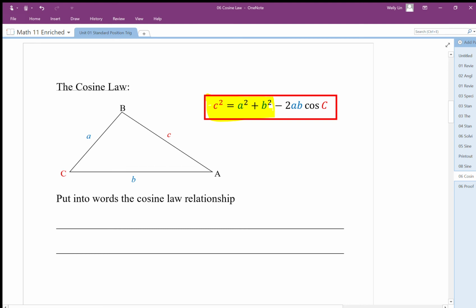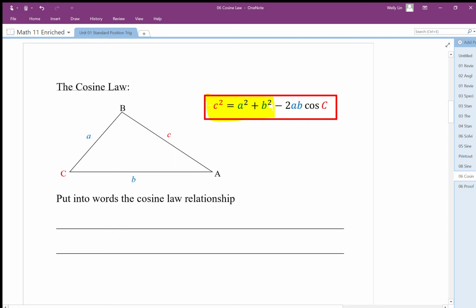However, if the angle is less than 90 degrees, I'm going to subtract some amount and shorten side C. If the angle is greater than 90 degrees, the cosine is negative, so I'm subtracting a negative and lengthening it, because I end up making C squared bigger, which makes the C side longer.